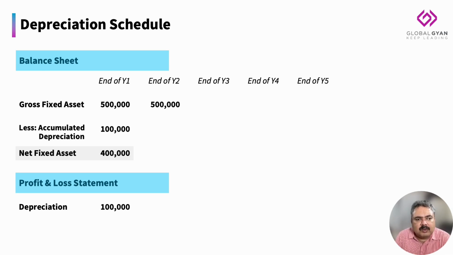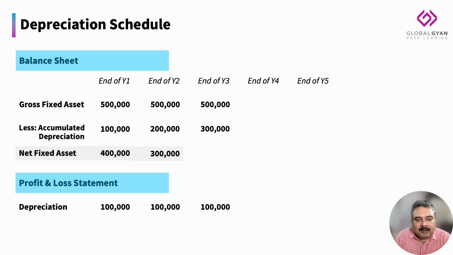And this then continues. At the end of year two, the gross value does not change. It still remains 500K because that's what it was purchased for. Another 100K depreciation. Now it's accumulated 200K, and therefore the net value is 300.